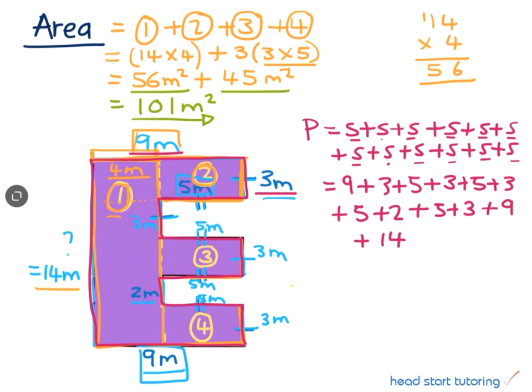So let's double check. 1, 2, 3, 4, 5, 6, 7, 8, 9, 10, 11, 12 sides. Perfect. Okay, and we would obviously add all of these numbers together, and we would get a final answer of 66 meters. So the perimeter for this irregular shape that looks like an E is equal to 66 meters.